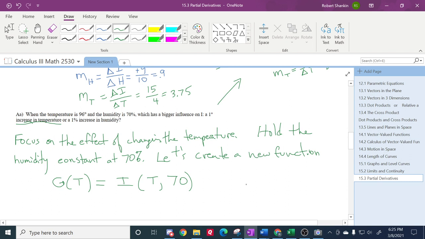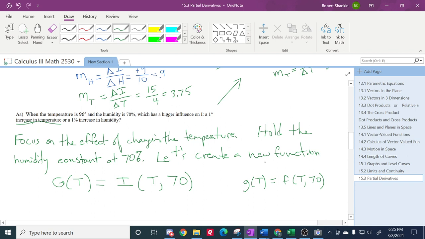If you're used to thinking of functions with small letters, it's kind of like this. G of T equals F of T, comma, 70, where F would be the I function.